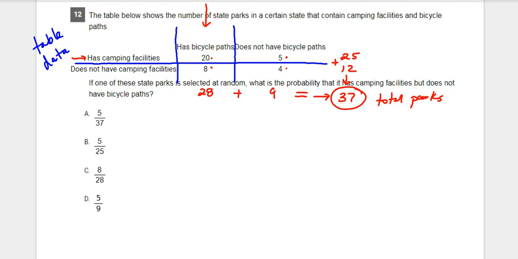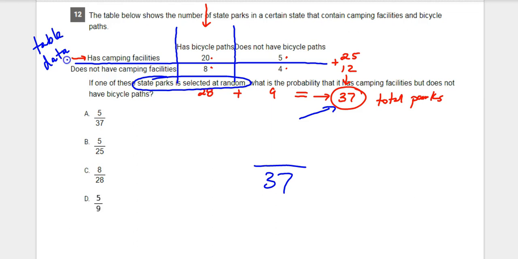So this question here says, if one of these state parks is selected at random, so any one of the parks selected at random, so that means there were 37 possibilities. So out of the 37 total parks, what is the probability, or what is the chance that it has camping?